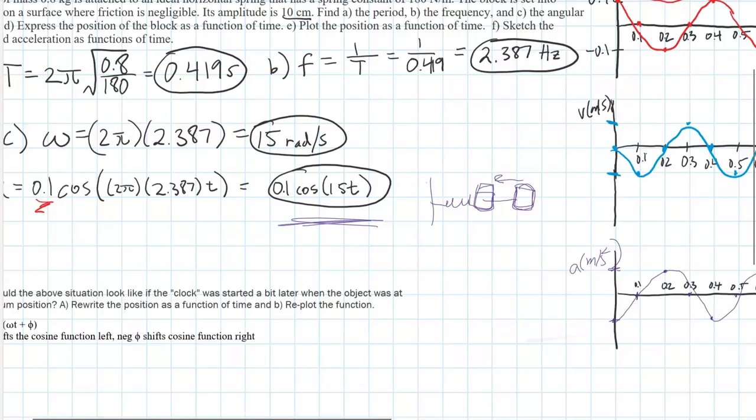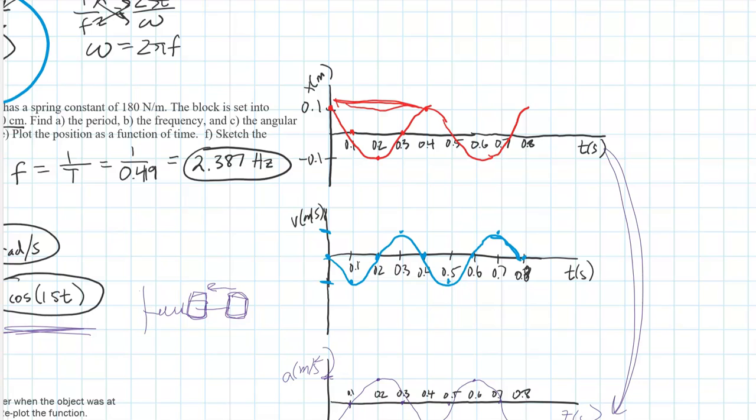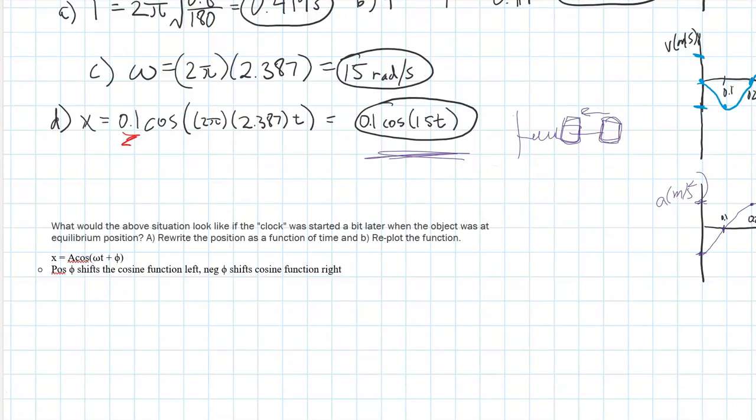So what would that mean? Well, let's take a look back at our position function. What that would mean is we want to shift this whole thing to the left, because instead of starting the clock here, we're starting it here. So we want this point to be at time 0. On your formula sheet, the unofficial one I gave you, not the official one on the AP exam, remember there's also this formula for expressing the position of an oscillating object as a function of time.